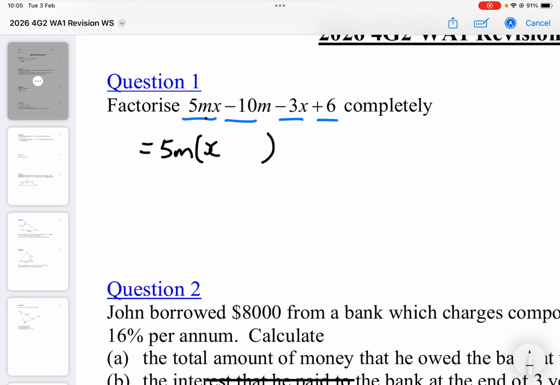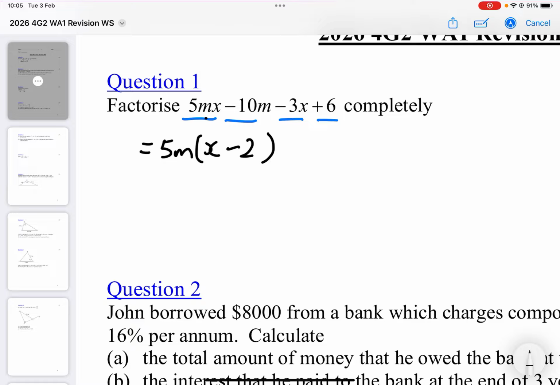Then minus 10m divided by 5m. Negative divided by positive, I still have a negative. 10 divided by 5 is 2, m divided by m cancel away each other, so I'm left with x minus 2.